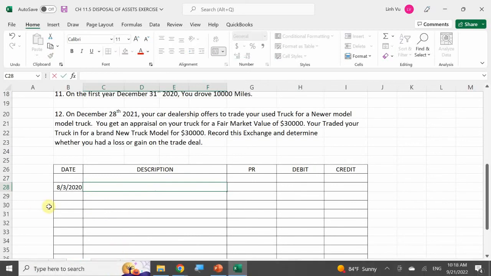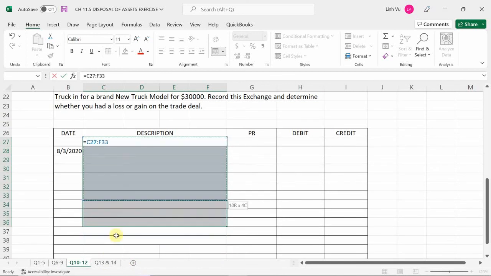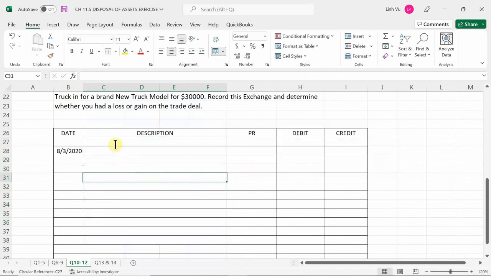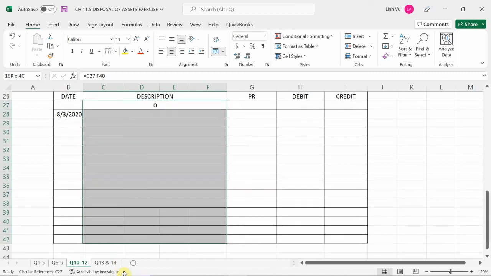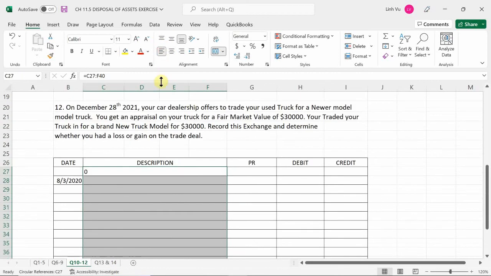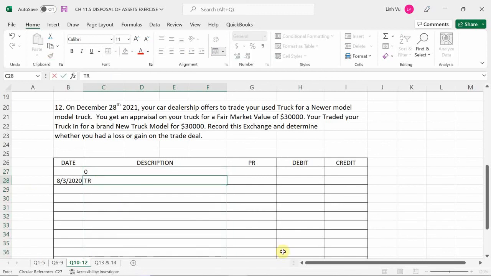So that would be the first thing that you record in here. Okay, so I bought a truck. How much was the truck for?